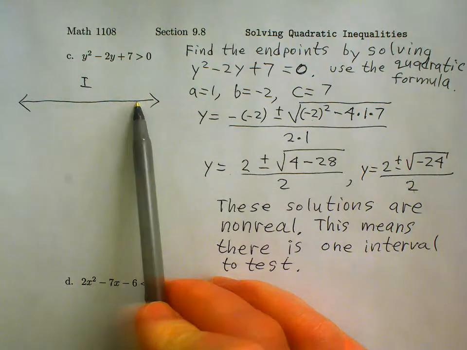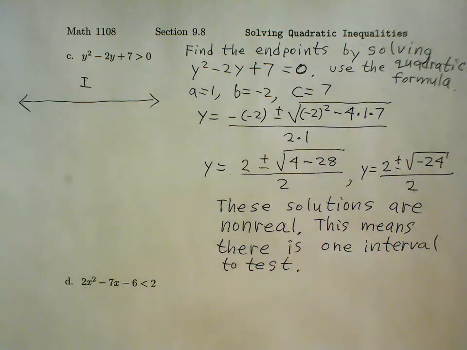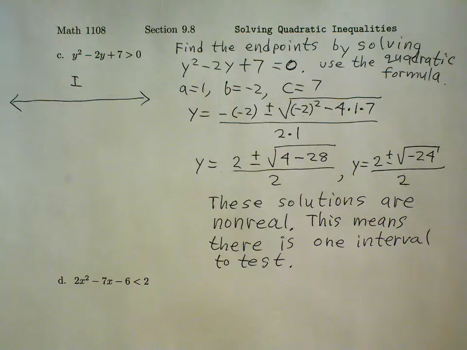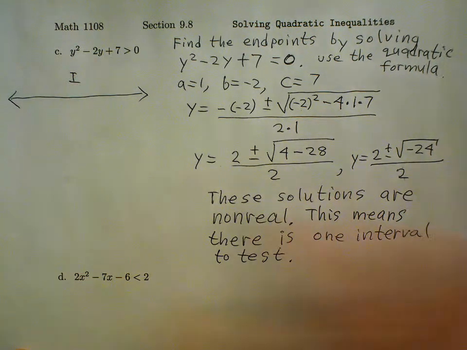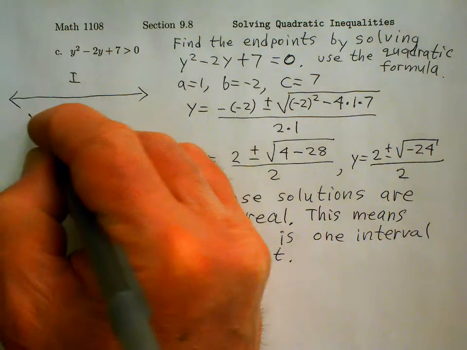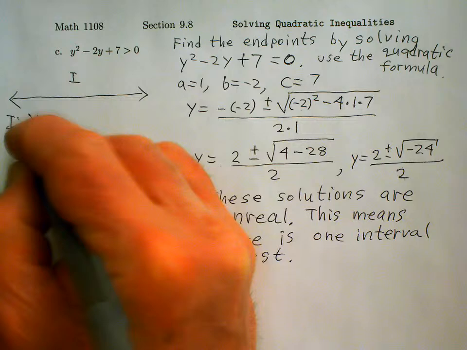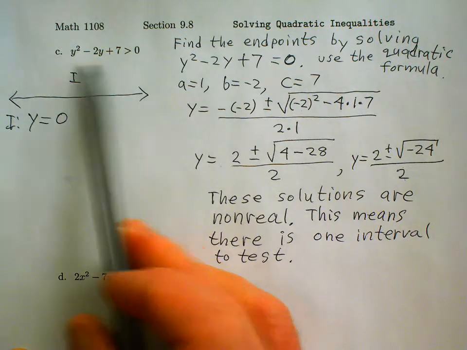So pick any number you want between -infinity and +infinity for the test point. -10,314,000. That would work. But we might as well keep it simple. So how about if I pick y equals 0 for the test point? Replace y with 0.